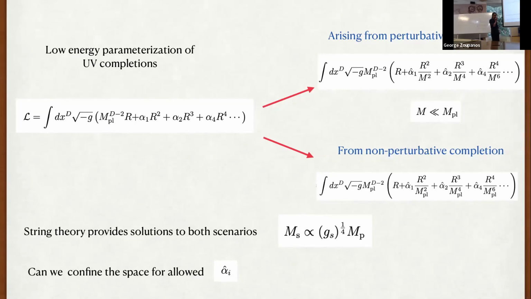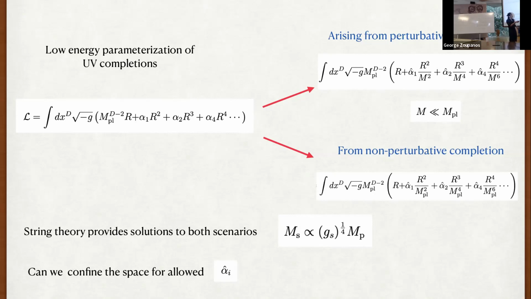Already at this stage, you can make two different kinds of assumptions about the completion. One is that gravity is completed while it's still weakly coupled. If that's your underlying assumption, then when you normalize everything in terms of dimensionless coupling, you would have an overall M Planck here, representing that you're still at leading order in M Planck, and you have a new scale much smaller than M Planck that comes in and serves as the cutoff for these operators.